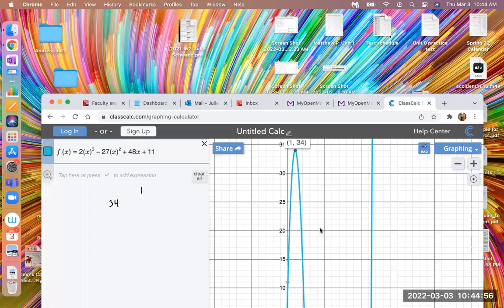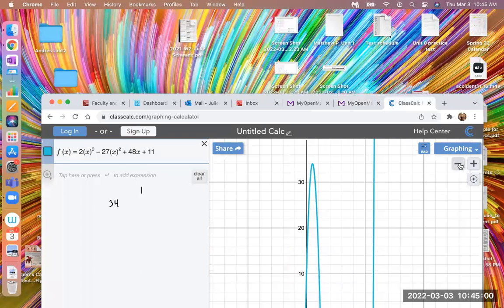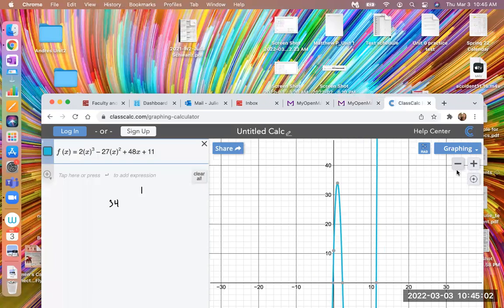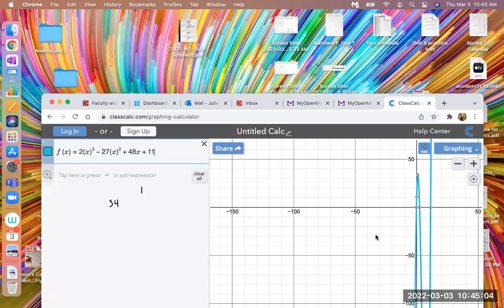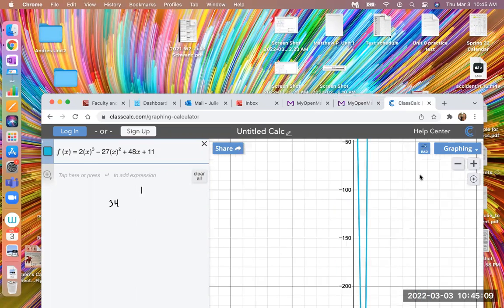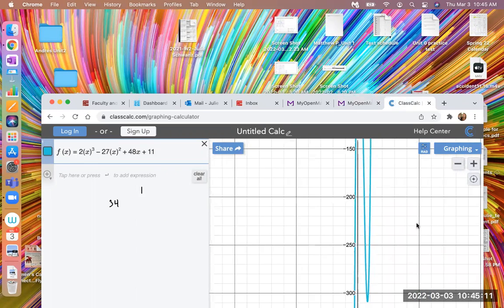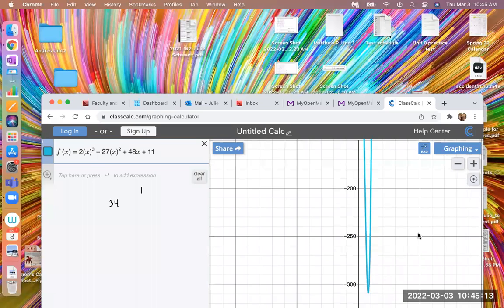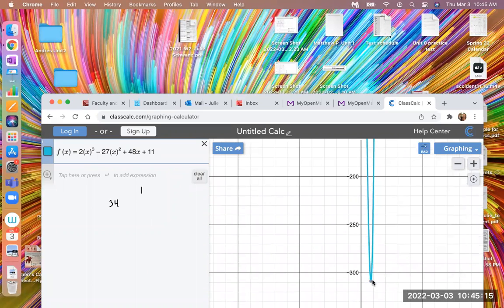And so this is really hard, because look, if I make things smaller, sometimes I have to pick up and drag around so that you can find the min. But look, there's where the min happens. But that's what makes this hard.